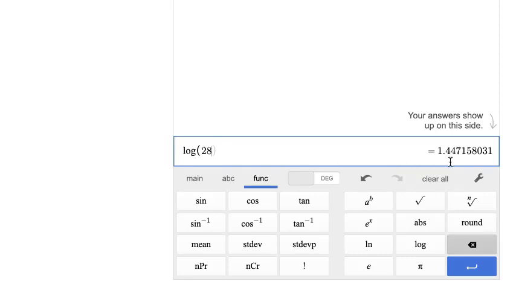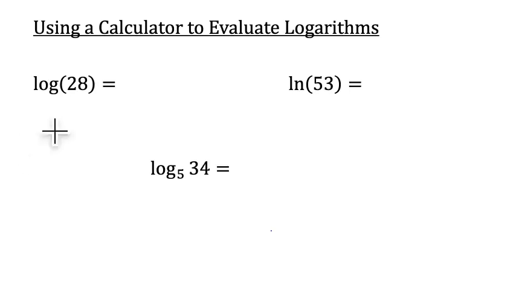So here we have 1.45 rounded to the nearest hundredths place. Just as a reminder, that means that 10 raised to the power of 1.45 is about equal to 28, because the log equals the exponent.